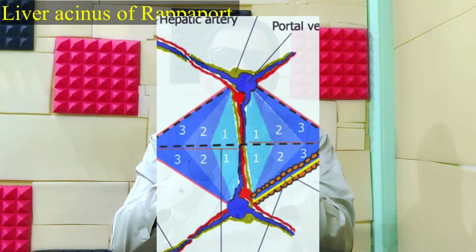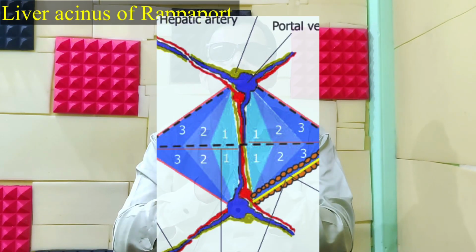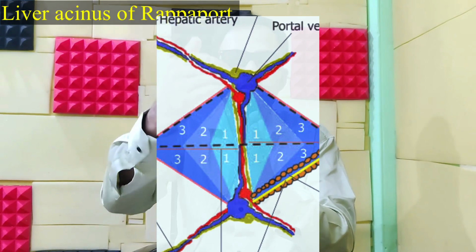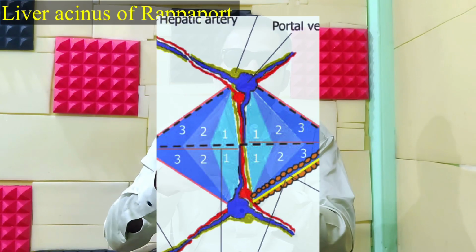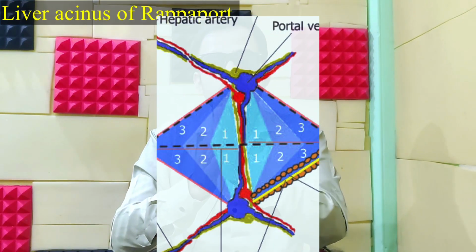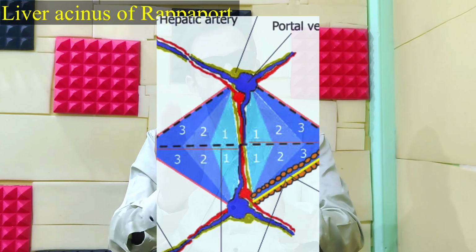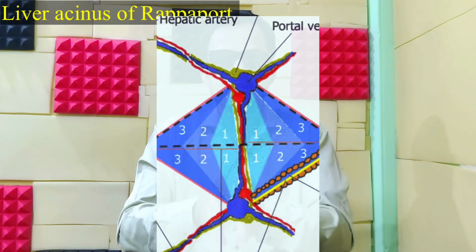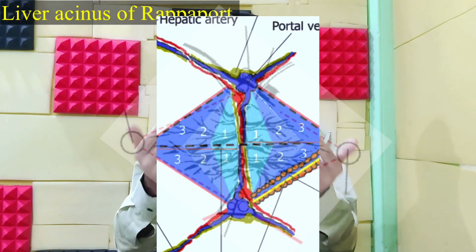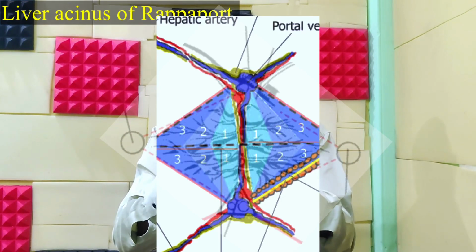In between these 2 walls of the hepatic lobules, you can see the branches of the hepatic artery and the branches of the portal vein present in this area, and the bile ductules are going to the portal canal, okay.